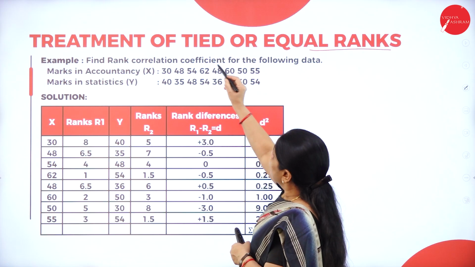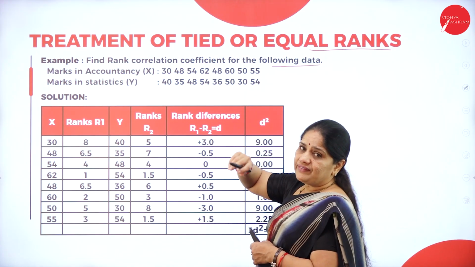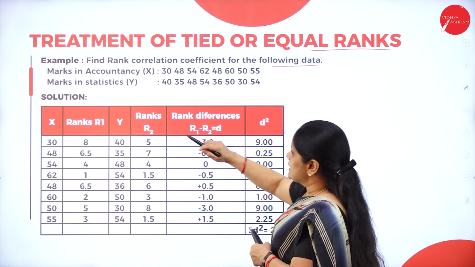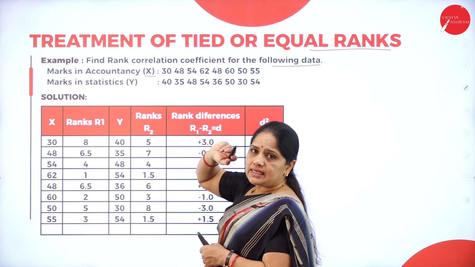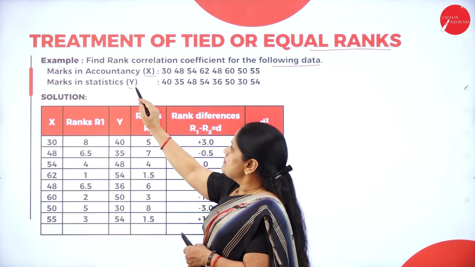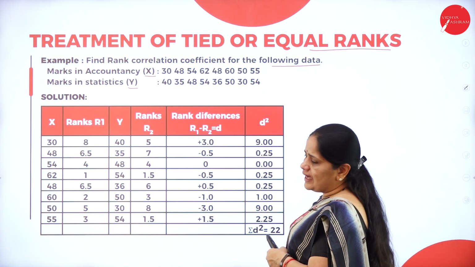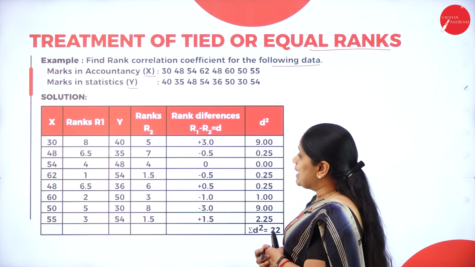Find the rank correlation coefficient for the following data. Now they have given the marks of students in two subjects, that is accountancy and statistics. So I have considered the accountancy marks as X and statistics marks as Y. So in this table, I have just prepared the ranking for each of the marks here.